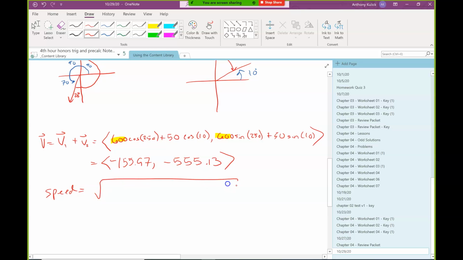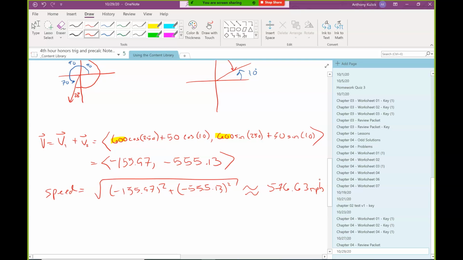So then to calculate the speed, I'm just going to do the Pythagorean theorem with those two components. So that's 576.63 miles per hour.